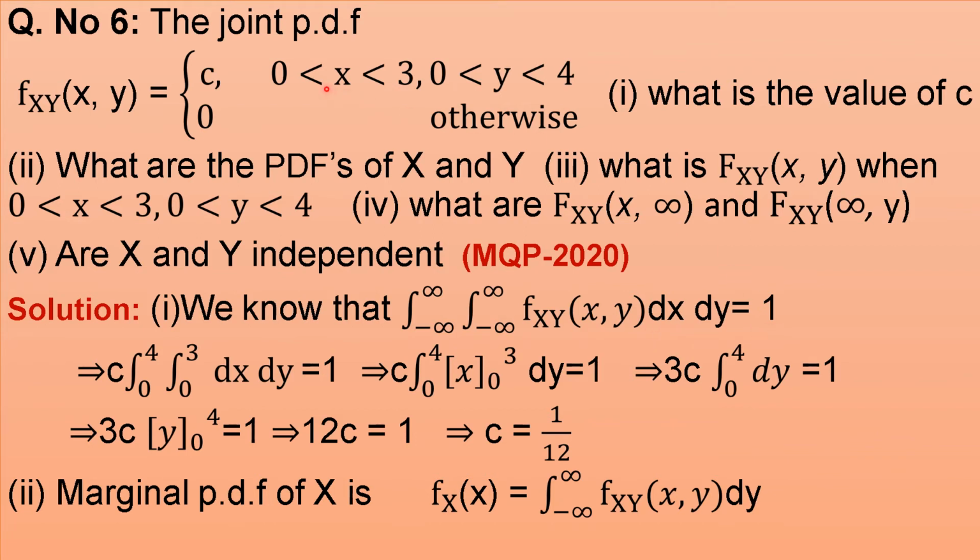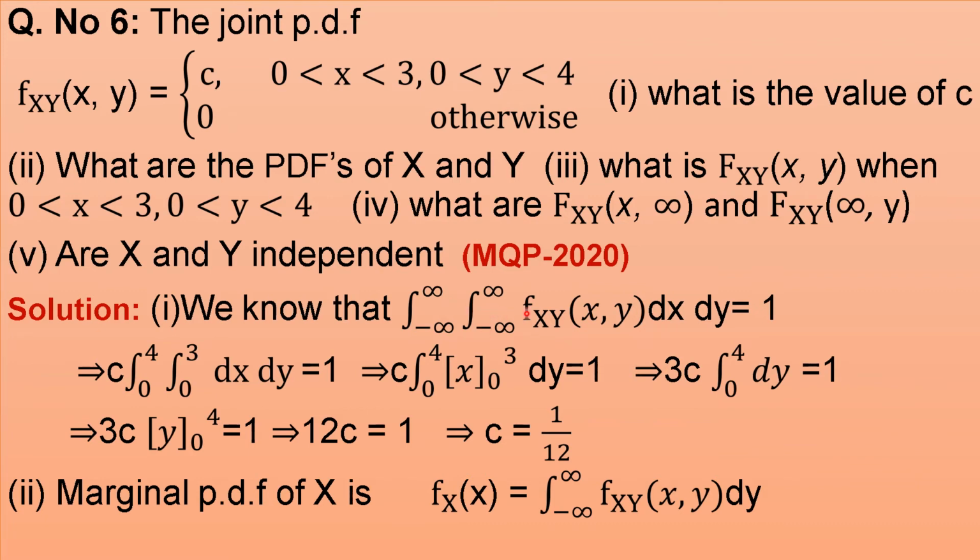But here x values are 0 to 3, y values are 0 to 4. Except for these x and y values, fxy for the remaining values is zero. So in this integral you need to consider x from 0 to 3, y from 0 to 4.